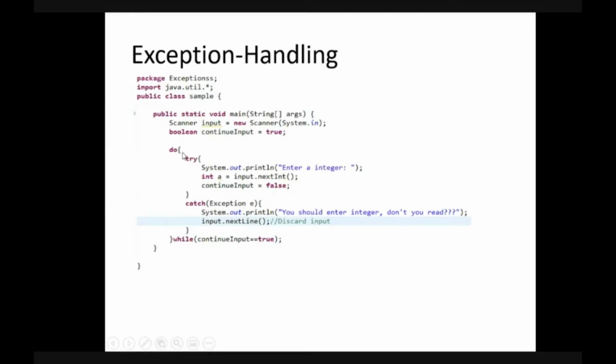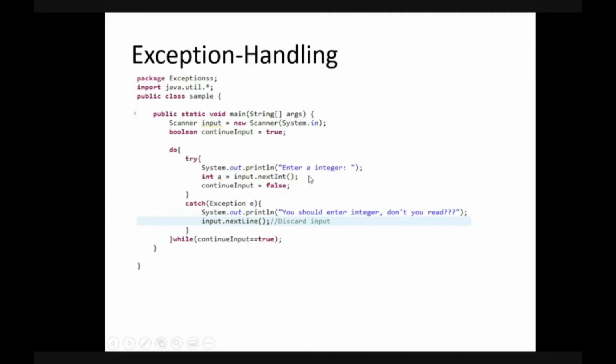While it is true, it keeps running. So in the while loop, I have try and catch. In try, it is asking me to enter an integer, and I assign that integer to a. I read from the scanner and assign to a. Then I change continue input to false. Then the while loop will be over.